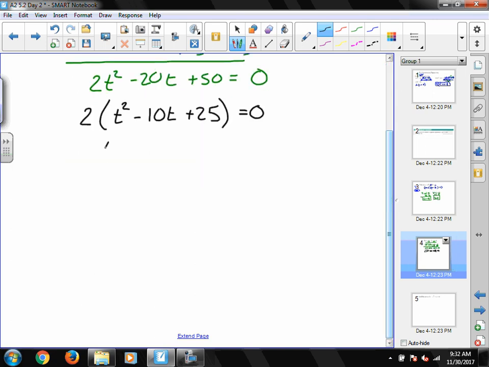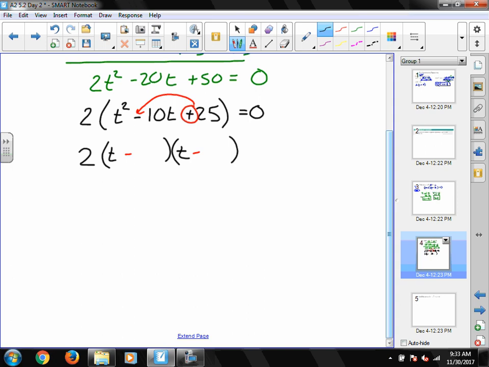Now I go through my same factoring process. I keep my 2 out here, set my 2 sets of parentheses, t and t multiply to t squared. I have same signs, look ahead, what are they? Both subtraction. And what multiplies to 25 and adds to 10?